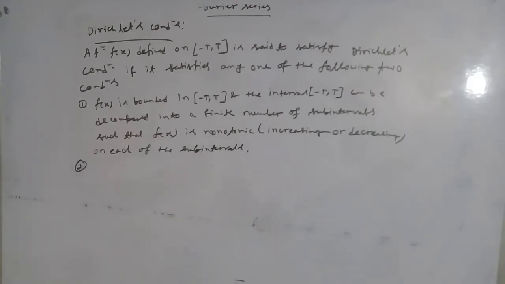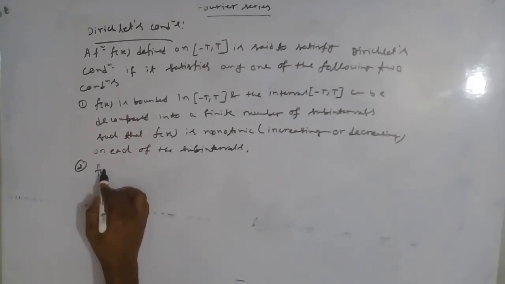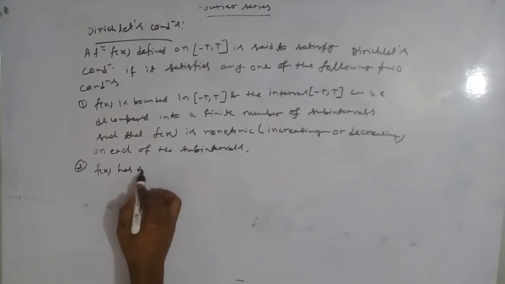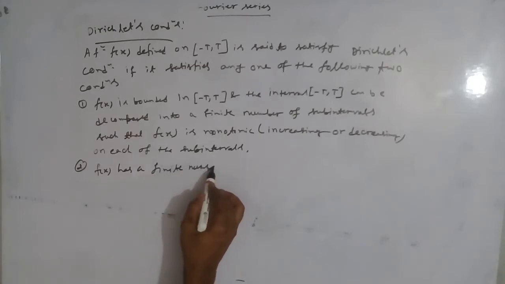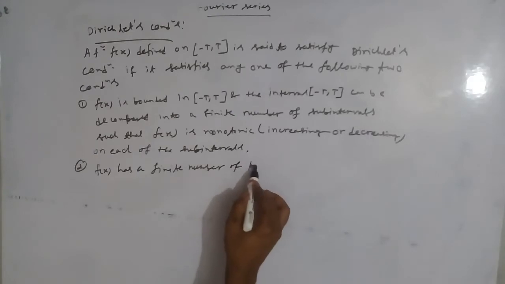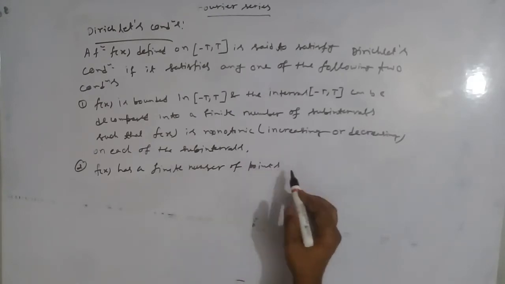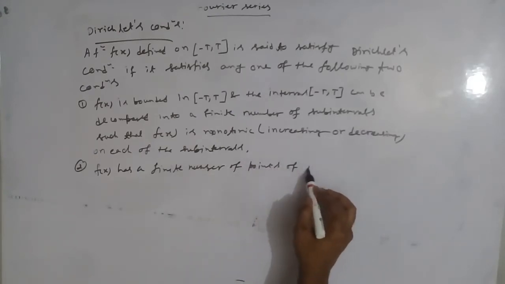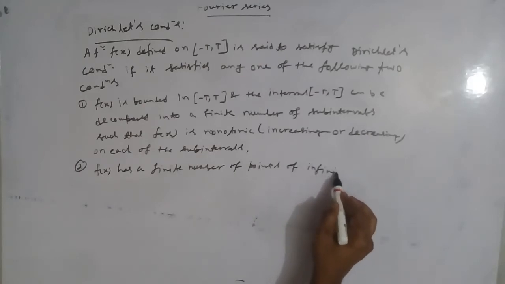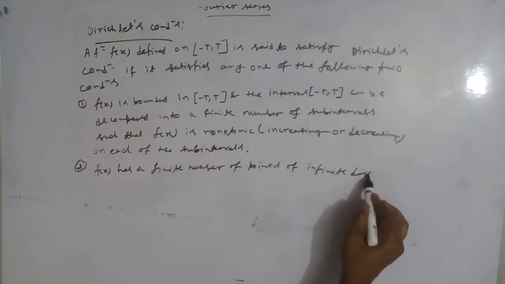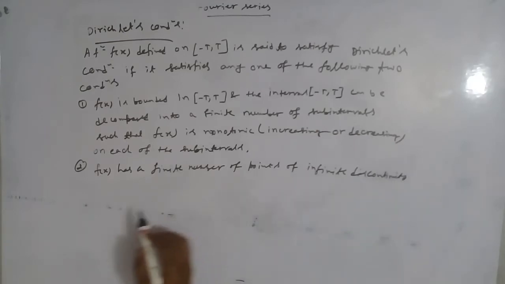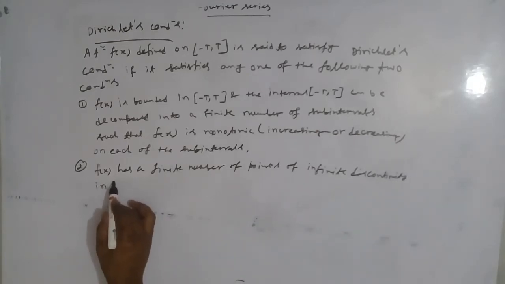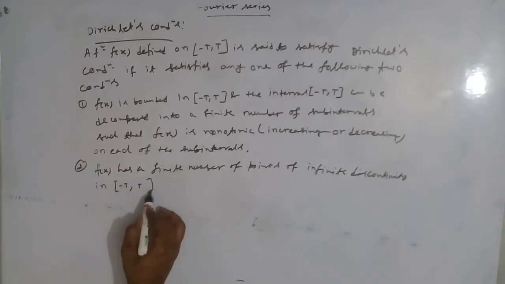And condition number two: f of x has a finite number of points of infinite discontinuity in the closed interval minus t to t.